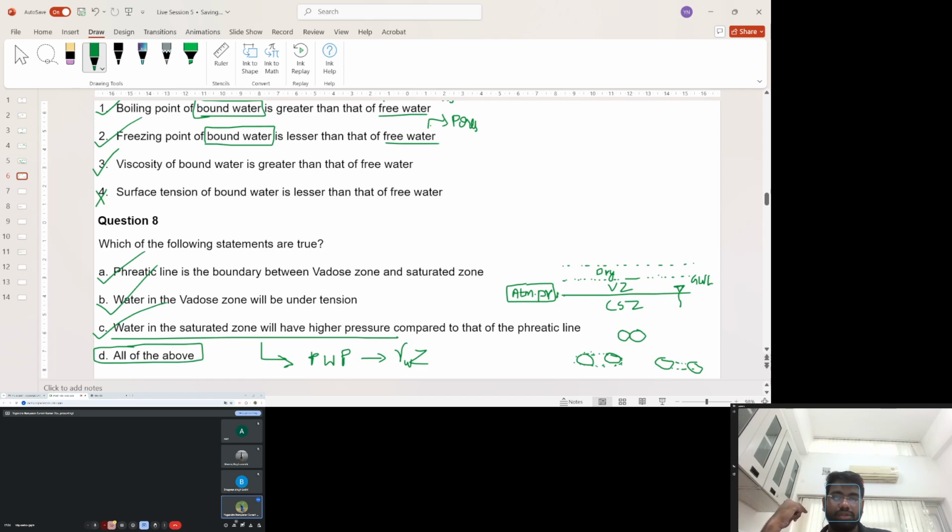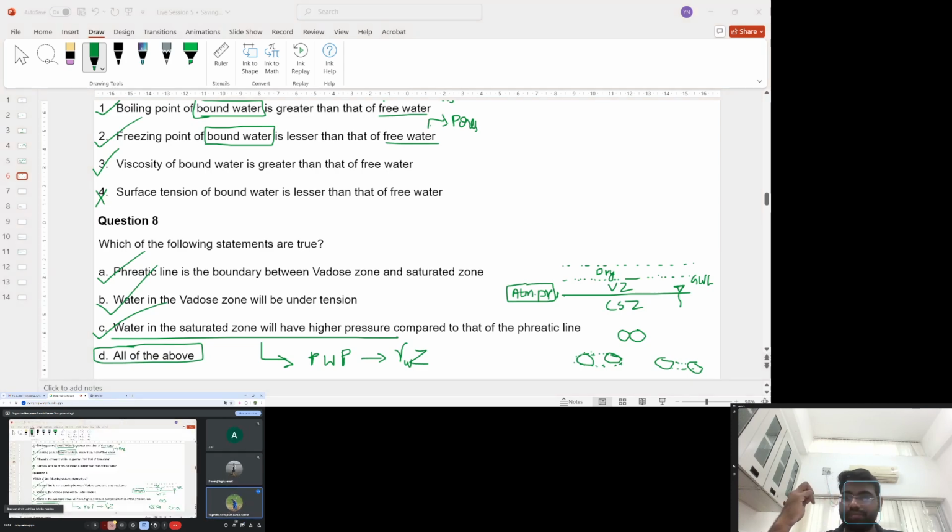Any confusions or any doubts? Sir, can I clarify a small doubt? Can you draw in the partially saturated zone two grains and water, sir? Yeah.